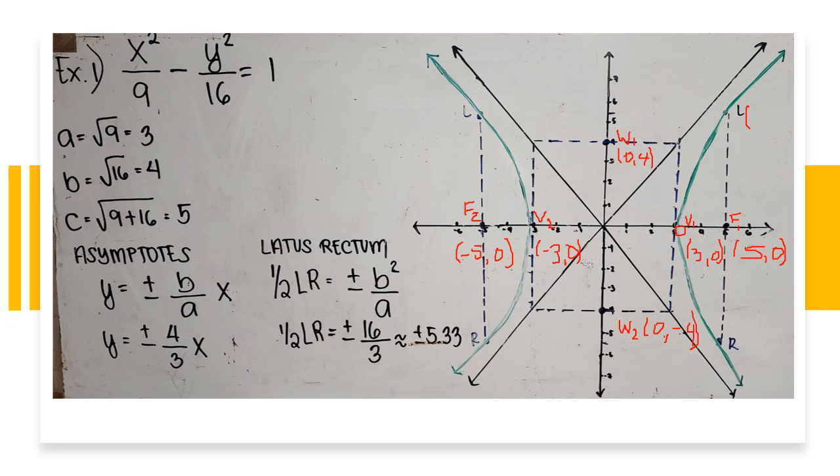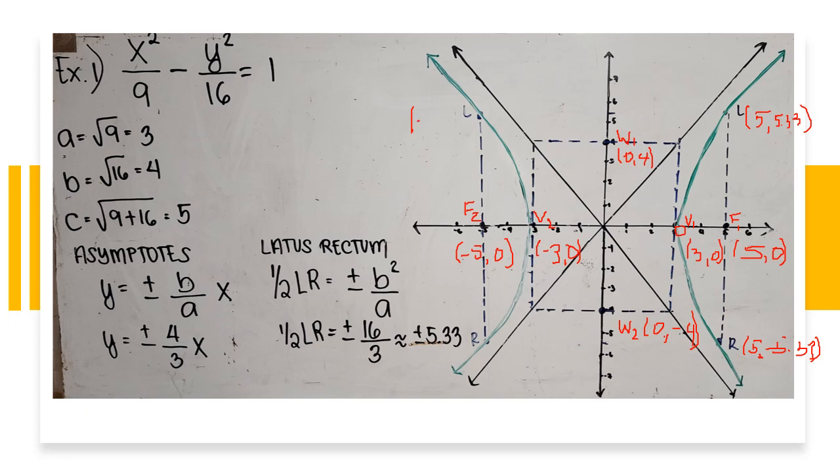So this is now your 5 for x, and for your y, that is 5.33. And from there also, we have another one from 5, which gives you negative 5.33. And on the other side, you just change the x value.